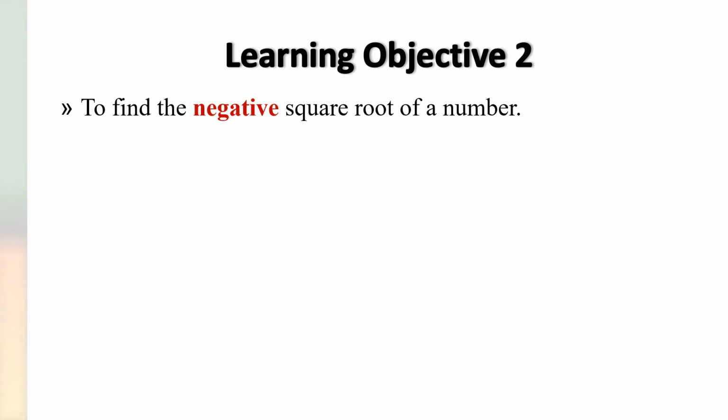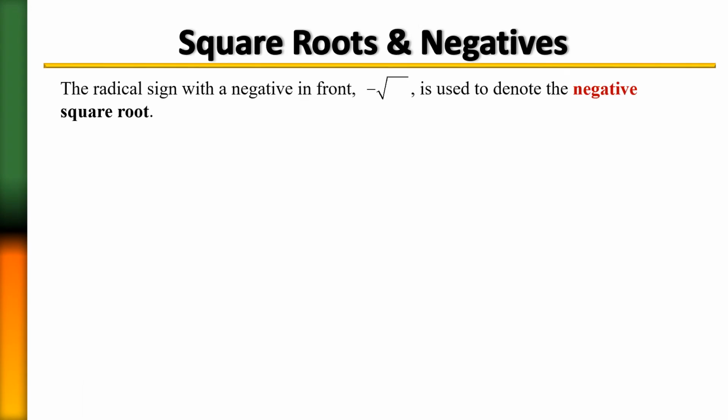In learning objective number 2, we want to find the negative square root of a number. The radical sign with a negative in front of it is used to denote the negative square root. We know that the square root of 64 is 8.